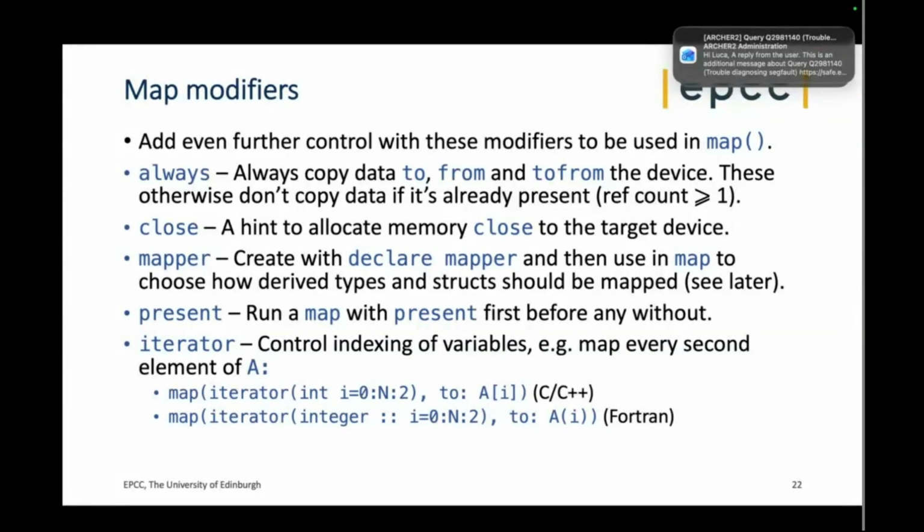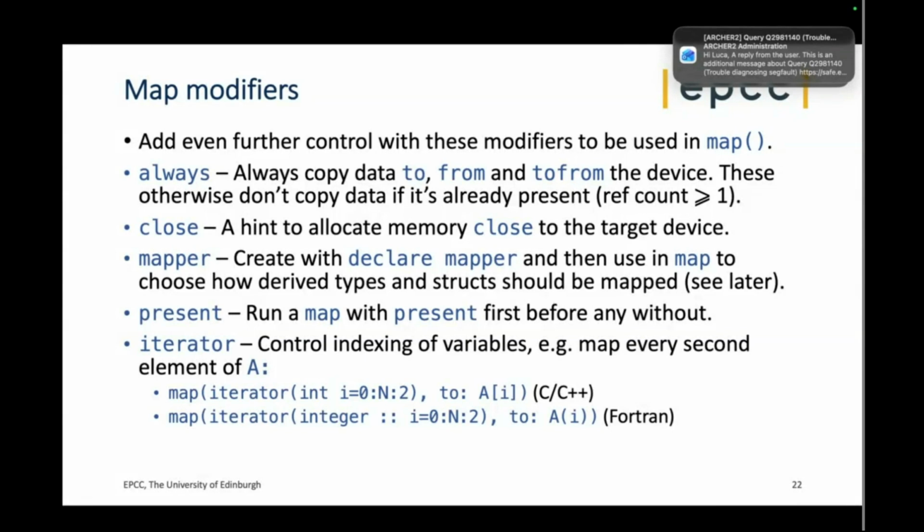So it has the concept that there might be different memories, and this is a hint that you give to a compiler: please allocate it on a memory which is close to the device. So this, for instance, can make sense for unified memory, where you have some memory which is close to the CPU and close to the GPU, but can be accessed from either of them.